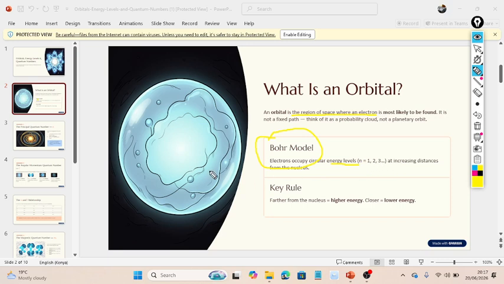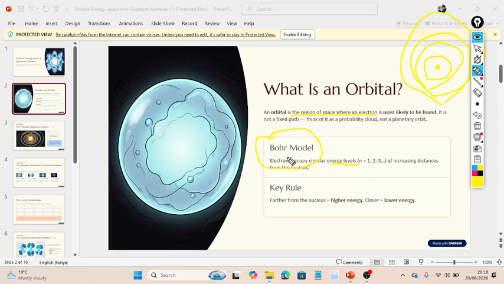Remember an atom, maybe I can draw a simple structure of an atom. Assume that this dot at the center is the nucleus. So you have the first energy level, and then you move to the second energy level, and then the third, and then the fourth, up until infinity.